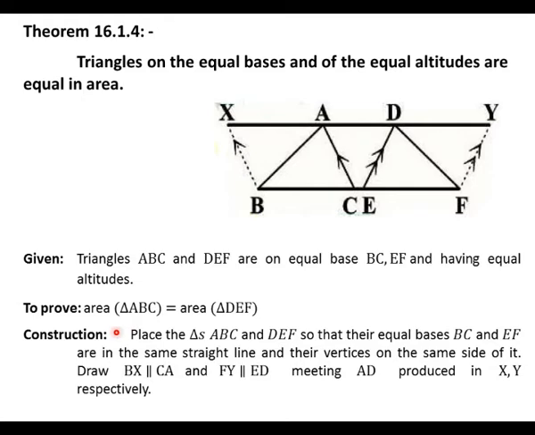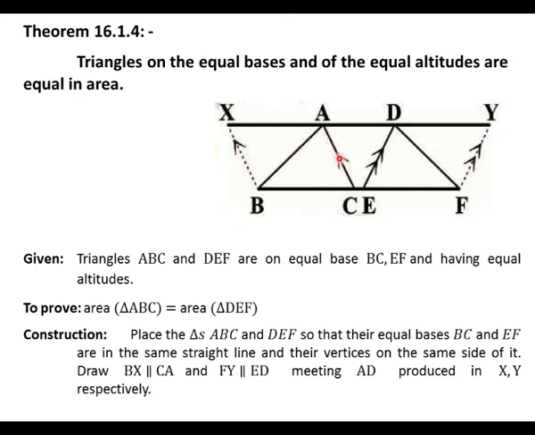Moving to the construction. Place the triangles ABC and DEF so that their equal bases BC and EF are in the same straight line and their vertices on the same side of it. You can see that this is BC, EF. This is a straight line. Now draw BX parallel to CA. This is BX. We are drawing BX parallel to CA.